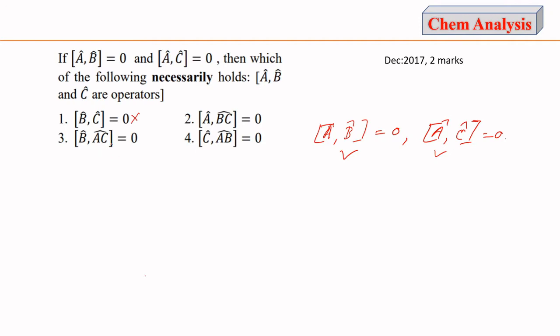Now from the remaining three conditions, let's take this second condition, and from the rule of commutator of two multiplication operators, that is here we can see that B and C are multiplied. We can write it like this.